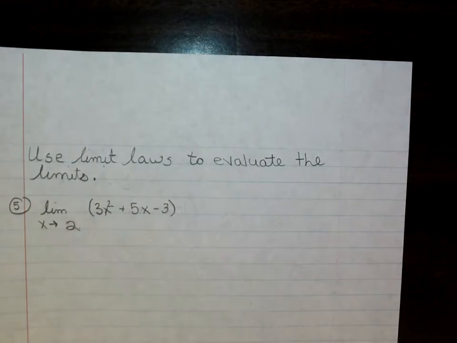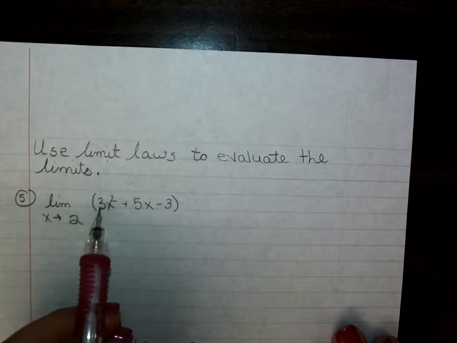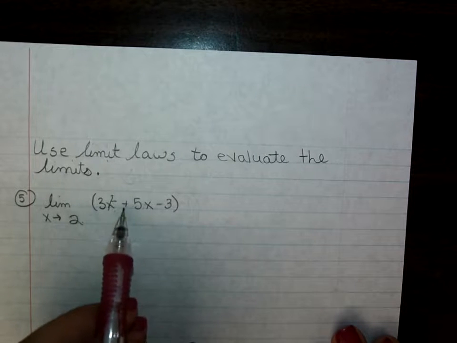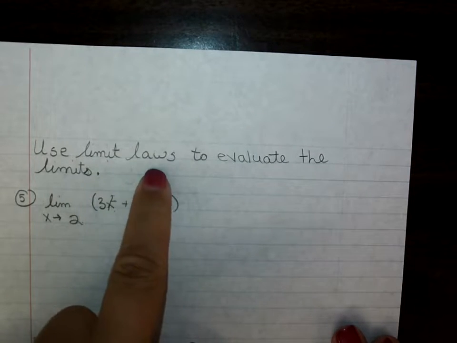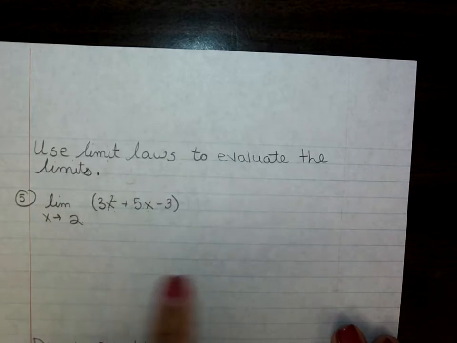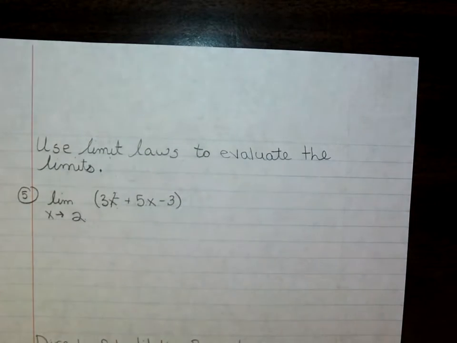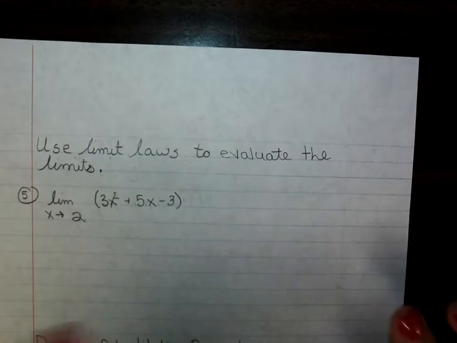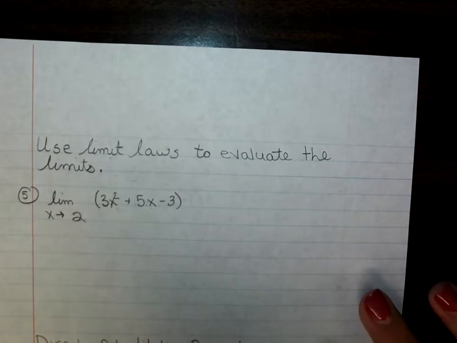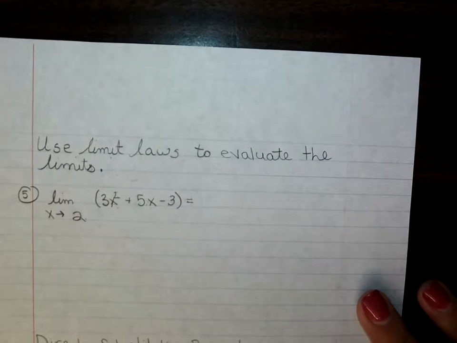It says the limit as x approaches 2 of the quantity 3x squared plus 5x minus 3. And it asks me to use my limit laws. Okay, so we want to be really careful here. When it asks me to use my limit laws, I must actually use them. So I can't just take 2 and plug it in. That would be nice, and we might get to that, but right now it is asking us to use our limit laws. So we're going to split this up.